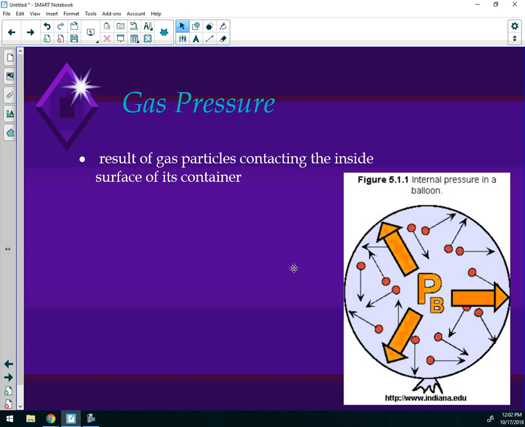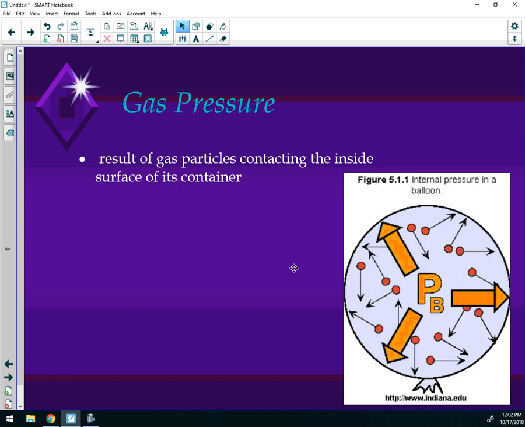If we take that same volume of gas and put it in a smaller container, the pressure is going to increase because now the same number of gas molecules are crammed into a smaller space. So pressure has to do with the amount of force being exerted on the sides of the container.